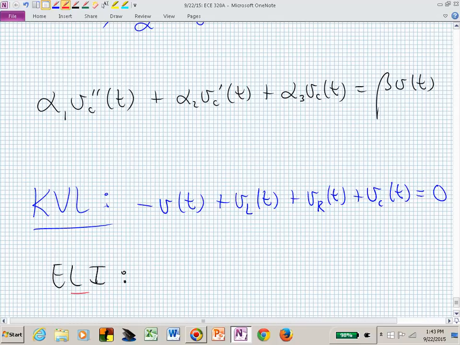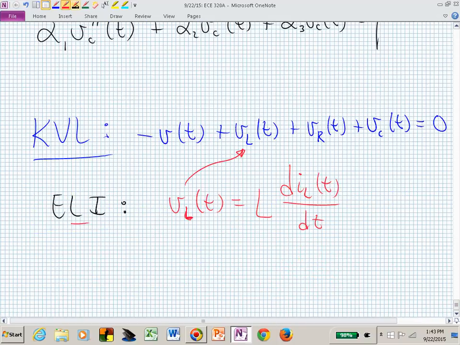Meaning Eli tells us that we have V sub L, the voltage of our inductor, is equal to L di sub L of t dt. And that V sub L can go in there.